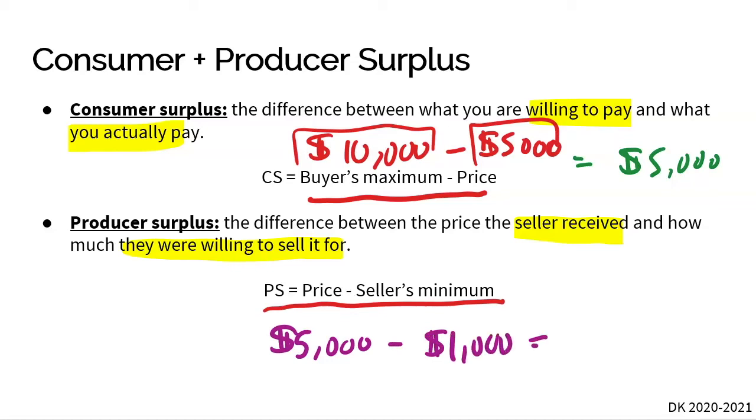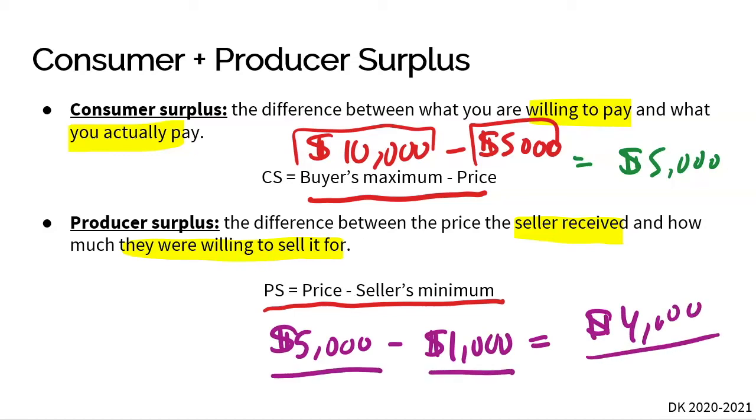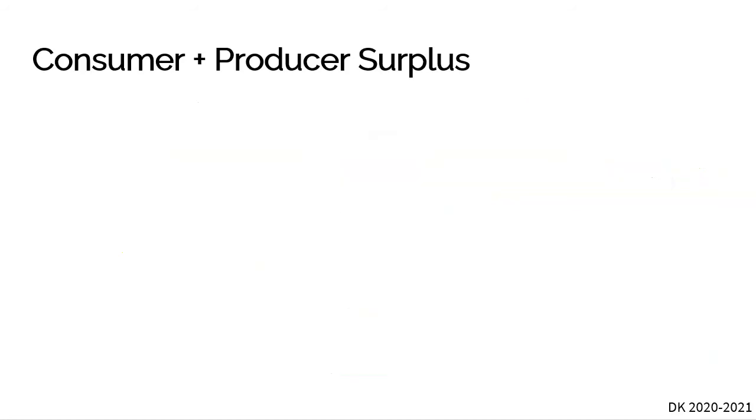So here, our producer surplus is $4,000: the $5,000 price minus the $1,000, the lowest possible price the seller would have sold this for. And so what's more important for us is you need to know how to calculate it. That's why we just went over it.